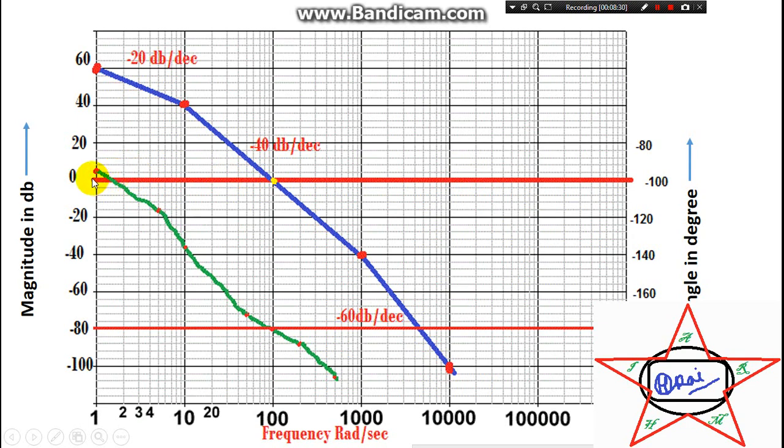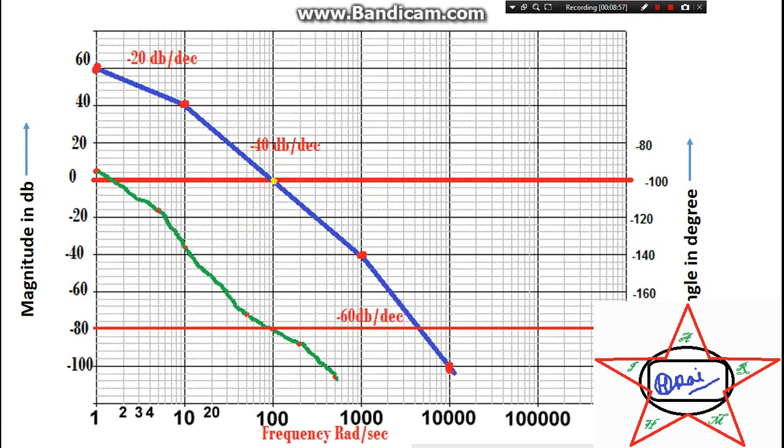The point where the 0 dB line intersects the gain plot is the gain crossover frequency, and where the minus 180 degree line crosses the phase plot is called the phase crossover frequency. Not clear? The point where this 0 dB line crosses the magnitude plot is called the gain crossover frequency.